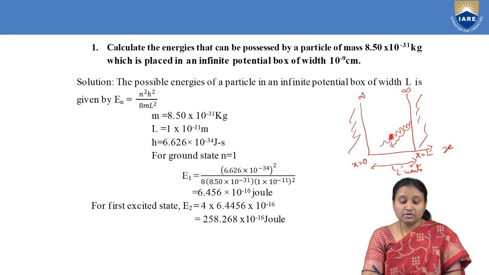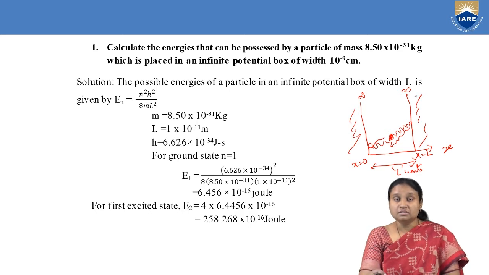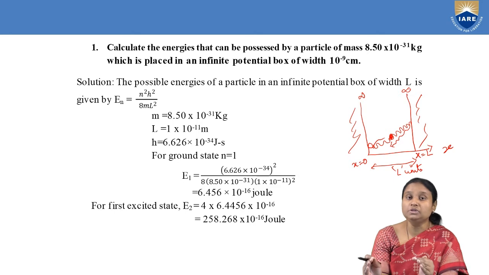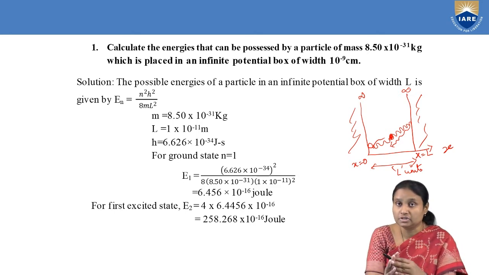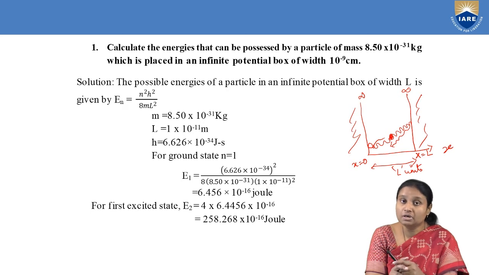Similarly, when it hits the other region of infinite potential, again it gets reflected back. So our electron is made to stay only in between those two regions of infinite potential. This is nothing but a potential box, and it is also called an infinitely deep potential well.